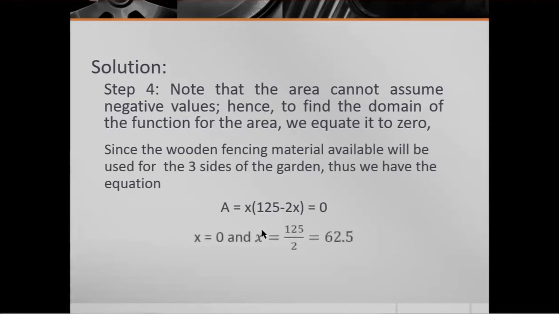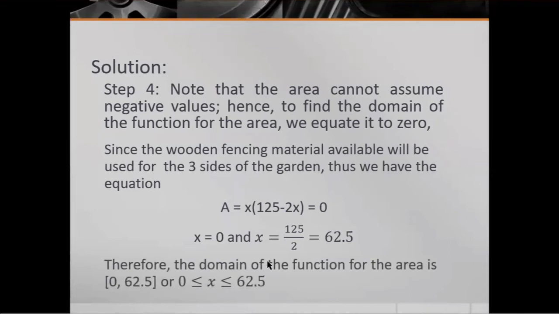Yung isa ay x equals 0 at yung other one naman ay x equals 125 divided by 2 or 62.5. Therefore, the domain of the function for the area is the closed interval from 0 to 62.5.